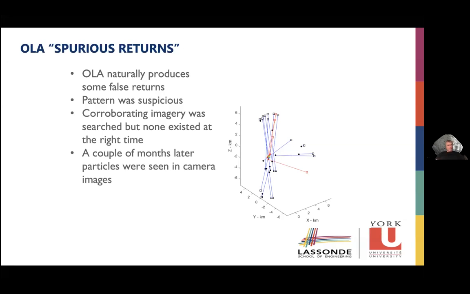So I spent a lot of time looking for imagery to add some credence that these were not just noise, but actually small satellites or particles around Bennu. Unfortunately, we had no imagery that was pointed in the right direction at the right time.